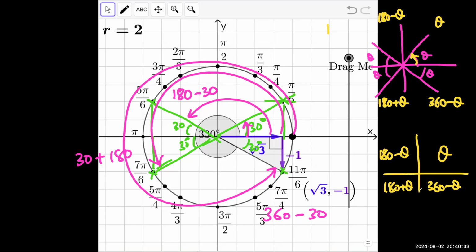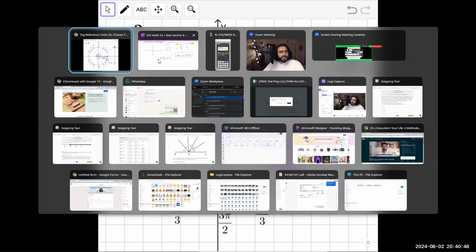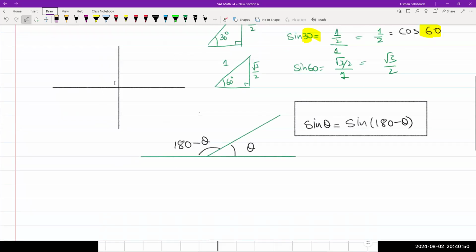All these angles are related in such a way that their trigonometric ratios are also related. They're also linked. How are the trigonometric ratios linked? Let's have a look at that feature.